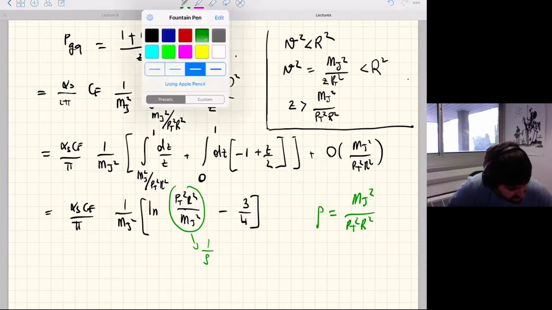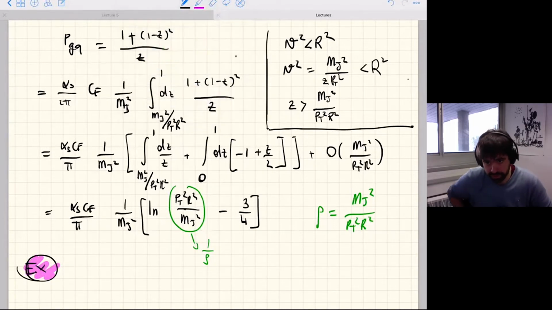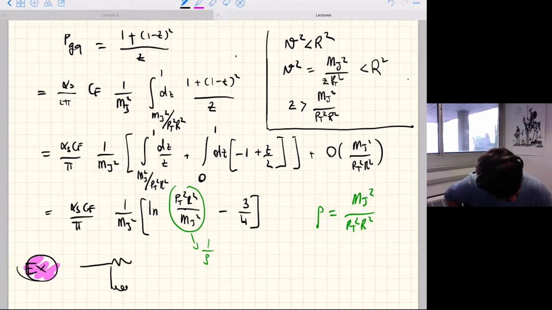Now, as an exercise, you can repeat the calculation for different splittings. So, for instance, you can consider this guy, where this propagator goes on shell, in the limit where the two gluons are collinear.